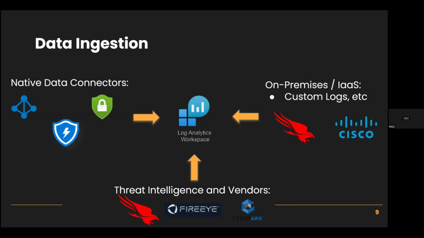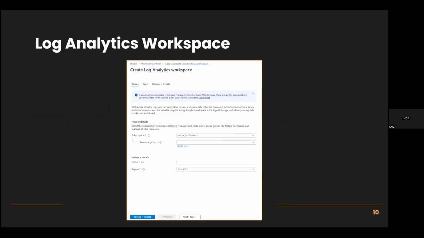Same thing with your on-premises or infrastructure as a service logs, you can also bring those in. They also allow you to bring in threat intelligence from various security vendors like FireEye and CrowdStrike. All this data goes into the Log Analytics workspace. We'll talk about that in the next slide.